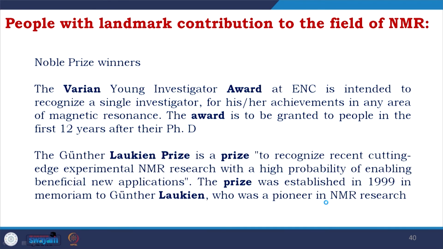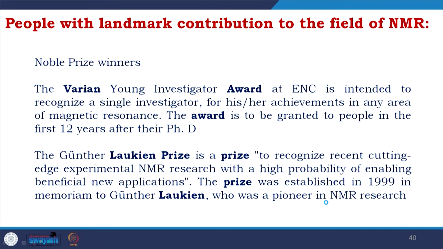And the Laukien Prize, in the name of Gunther Laukien, is to recognize recent cutting edge experimental NMR research with a high probability of enabling beneficial new applications. This prize was established in 1999 in memoriam of Gunther Laukien, who was a pioneer in NMR research.